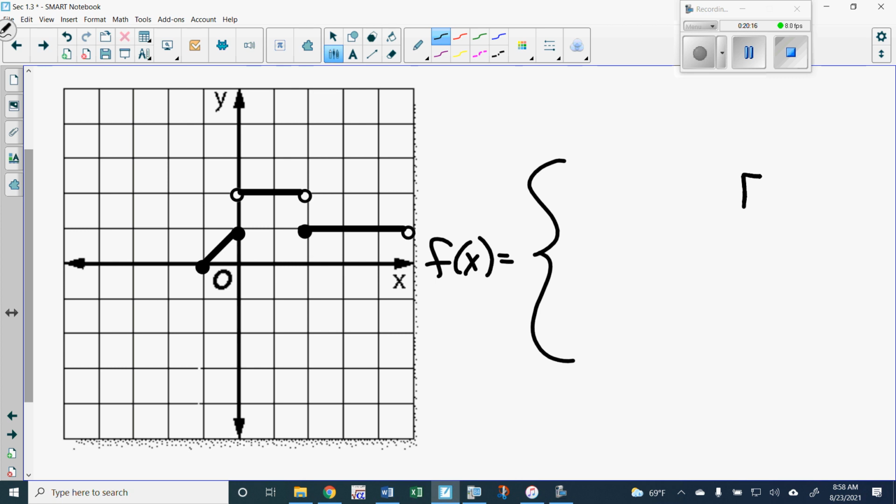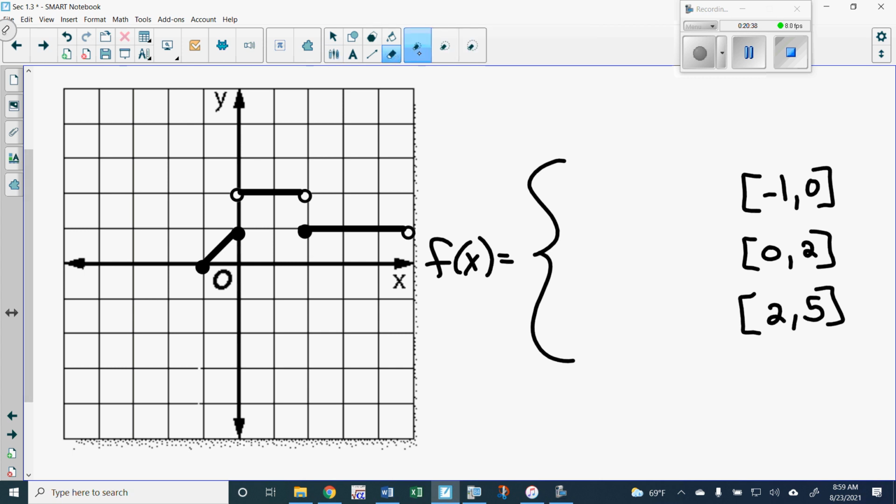Now, I'm going to change those. What do you think I could change about what I just wrote down that's wrong? Parentheses, yes. So this one should be parentheses, and this one should be parentheses based on the open and closed circle, okay? So the first one, this part right here, what is the equation of that?